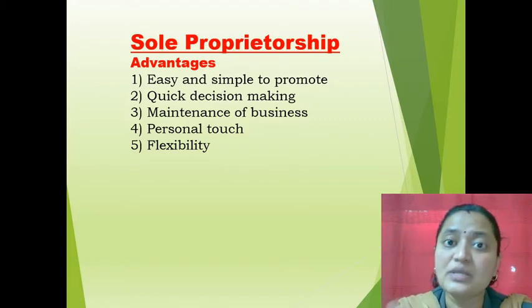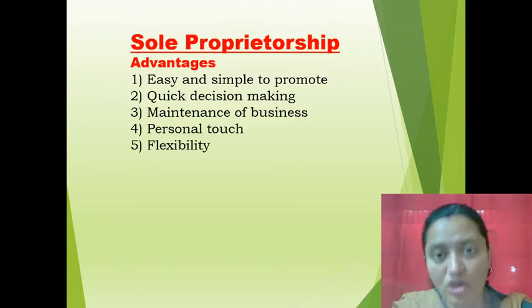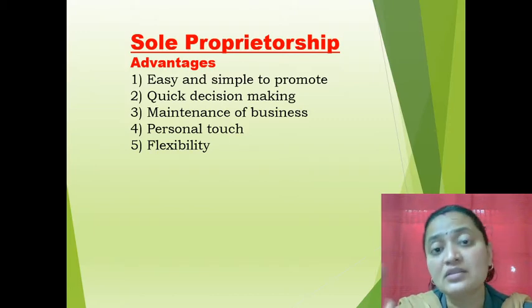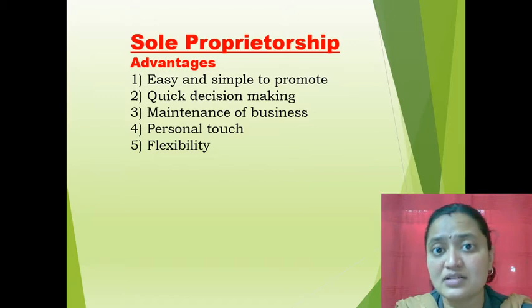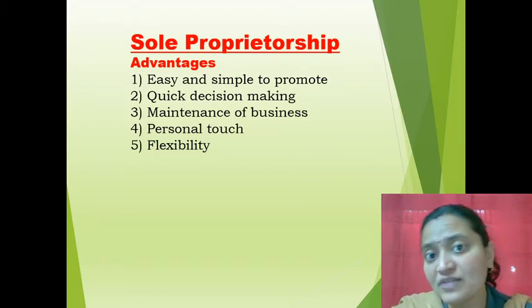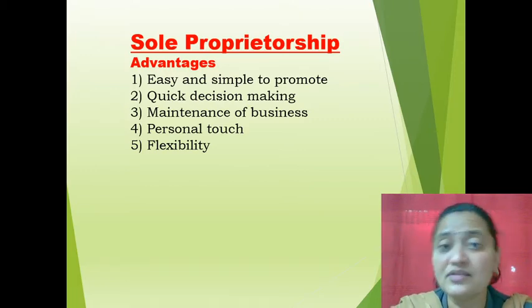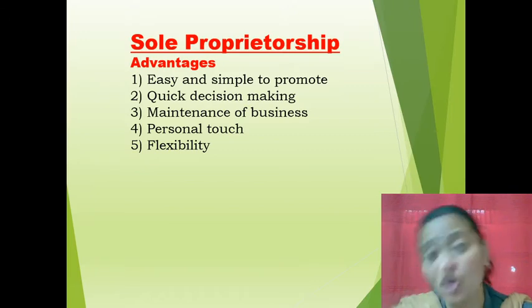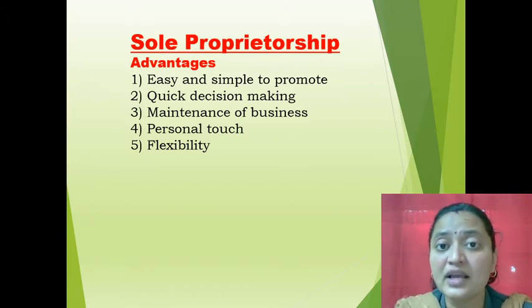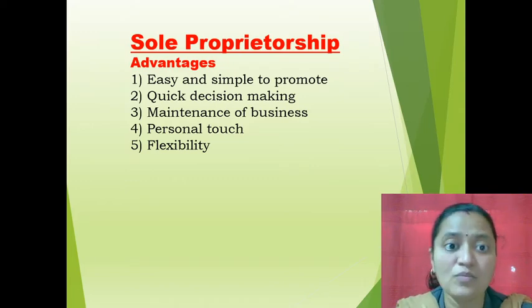Depending upon the size of the organization, in a small scale industry or small business with limited workers, taking everyone's opinion is very easy. But in a large scale industry or large organization, taking the opinion of each and every worker will take more time.